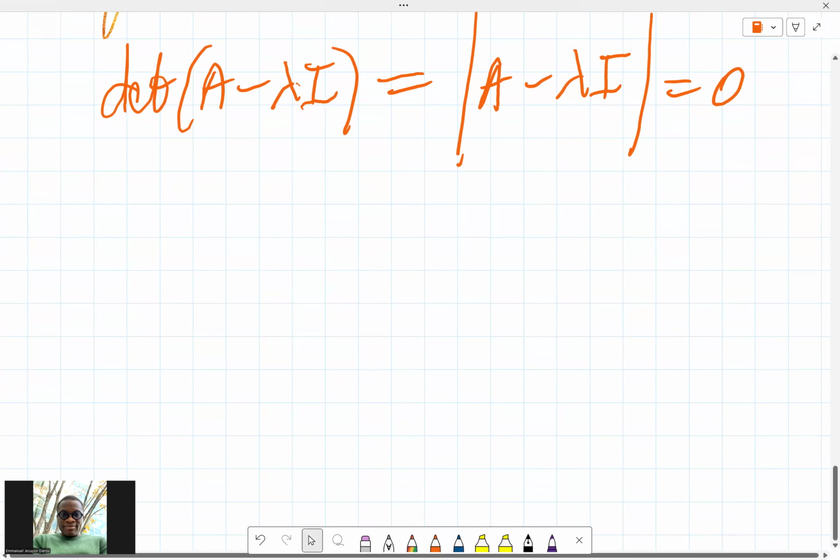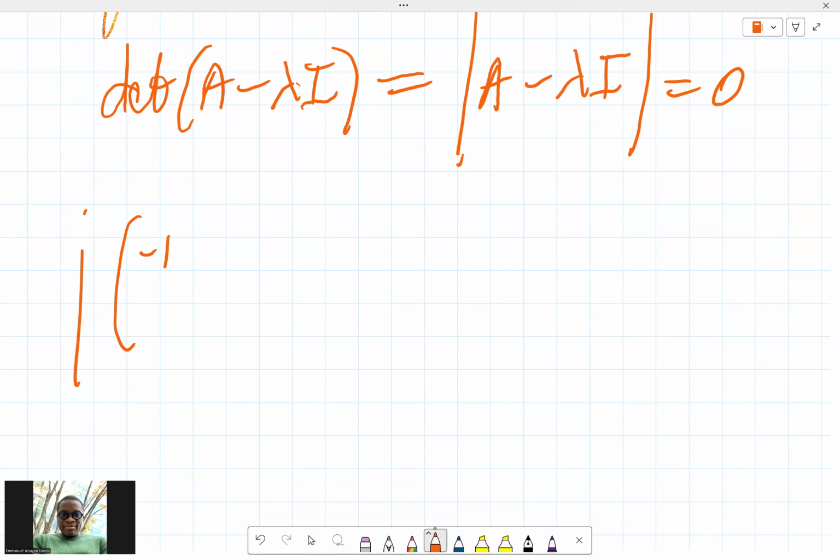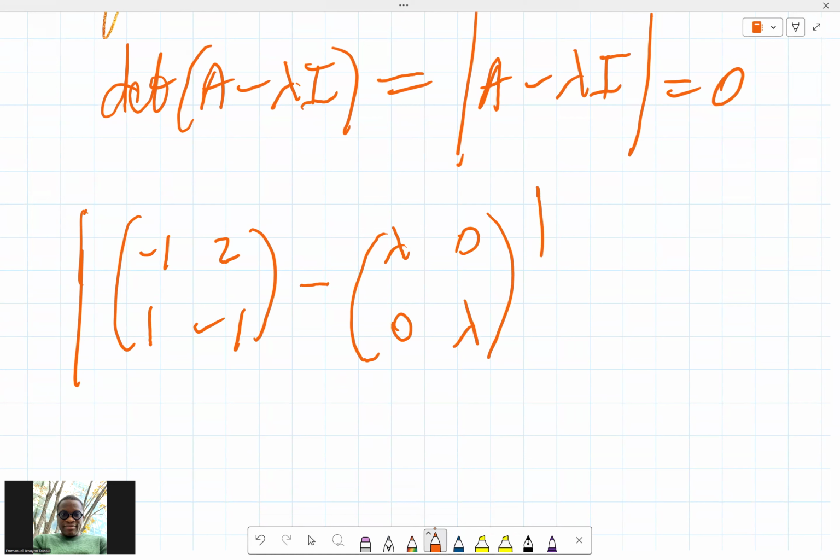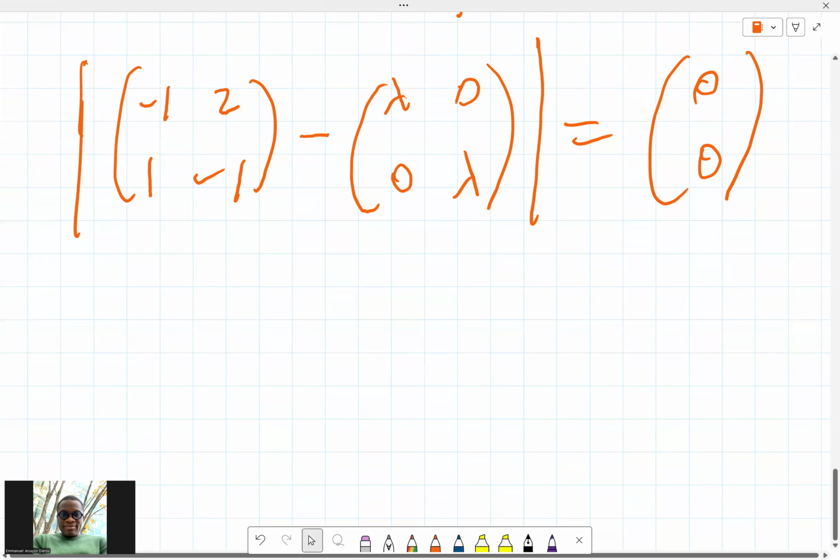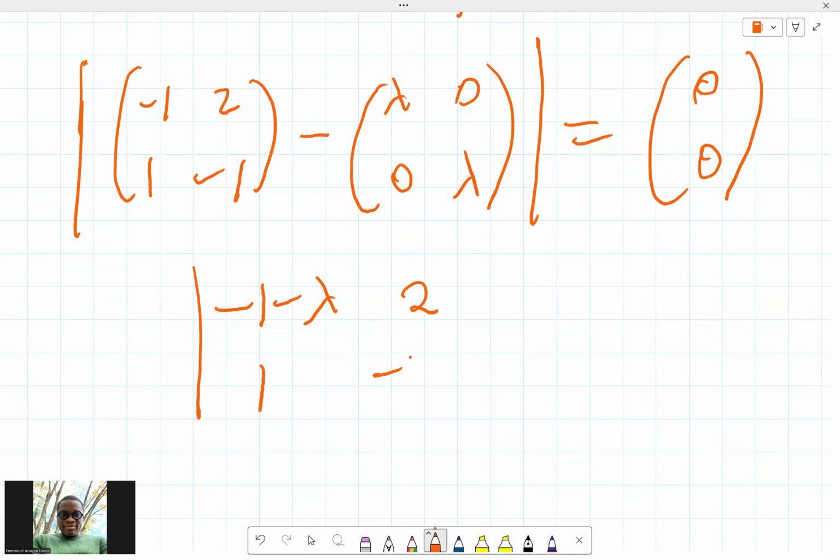So that means we need the determinant of A, which is [-1 2; 1 -1]. Anytime we need to find eigenvalues, this is a standard procedure, apart from the numerical methods. Then lambda I is actually [lambda 0; 0 lambda]. So we have the determinant of [-1 minus lambda, 2; 1, -1 minus lambda], and that is equal to 0.